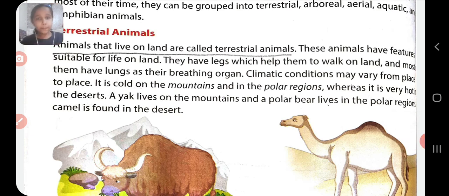Now there is one more thing in this: habitat. What is habitat?